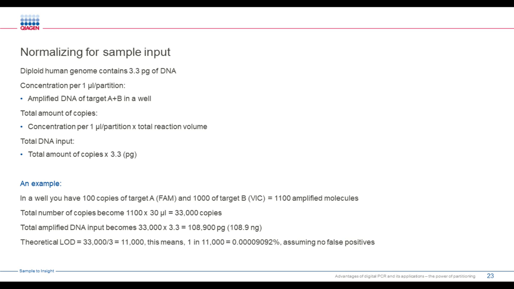So the theoretical lower limit of detection in this case, using the rule of 3, screening 3 times as many molecules for the lower limit of detection, means 11,000. So with this sample input, we have 1 in 11,000. And this assumes no false positives.